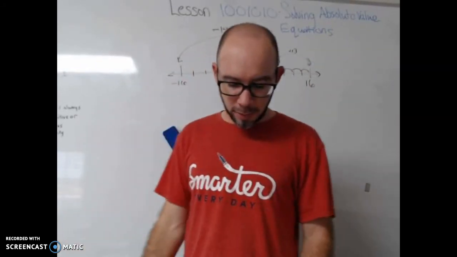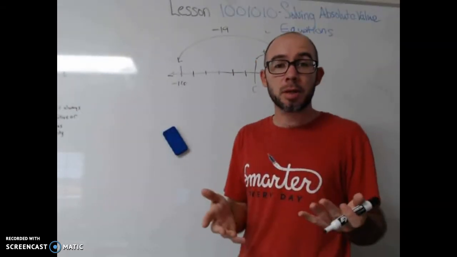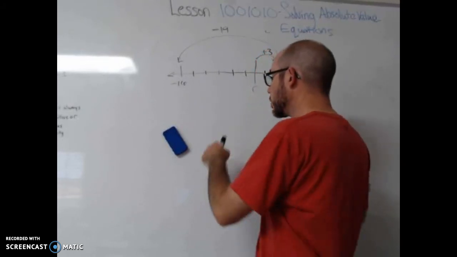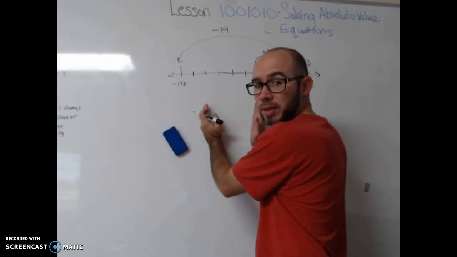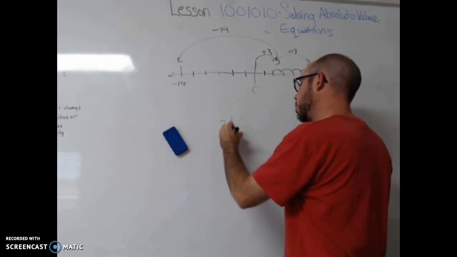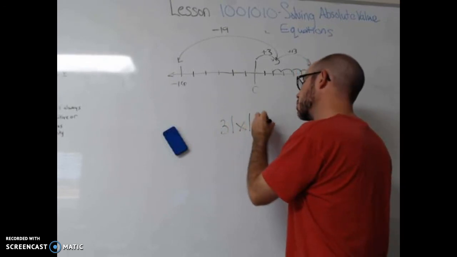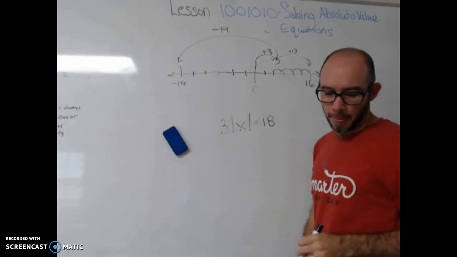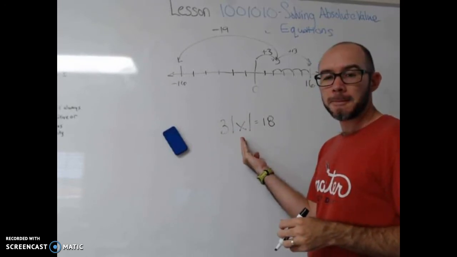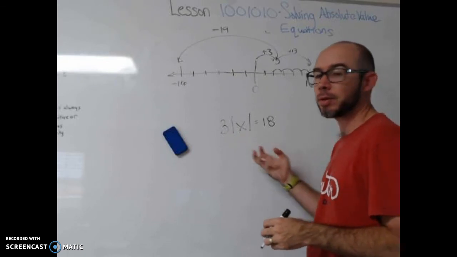All the other types of examples are just using our basic algebra skills in order to isolate that absolute value thing all by itself. So instead of it being like x plus 3 in absolute values, if we had something like 3 times the absolute value of x equals 18, because that 3 is outside of the operation here, this is kind of like when we do PEMDAS, we do parentheses, but absolute value would go first too.